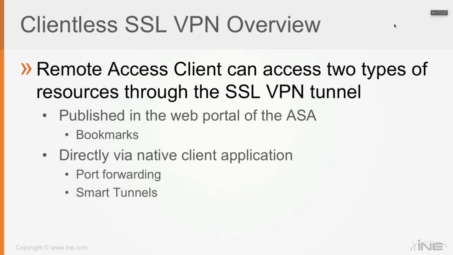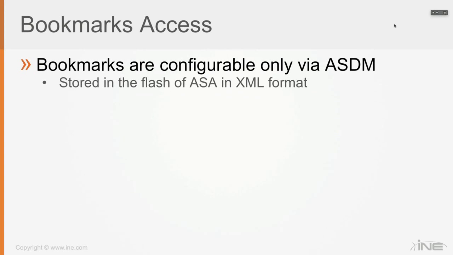And for that to happen, we have two options, configuration-wise on the ASA: two features, port forwarding and smart tunnels. Now, bookmarks are configurable only via ASDM, because those are stored in flash of ASA in the XML format, in an unreadable format. So bookmarks can only be configured from the ASDM or the GUI, not via the CLI on the ASA.